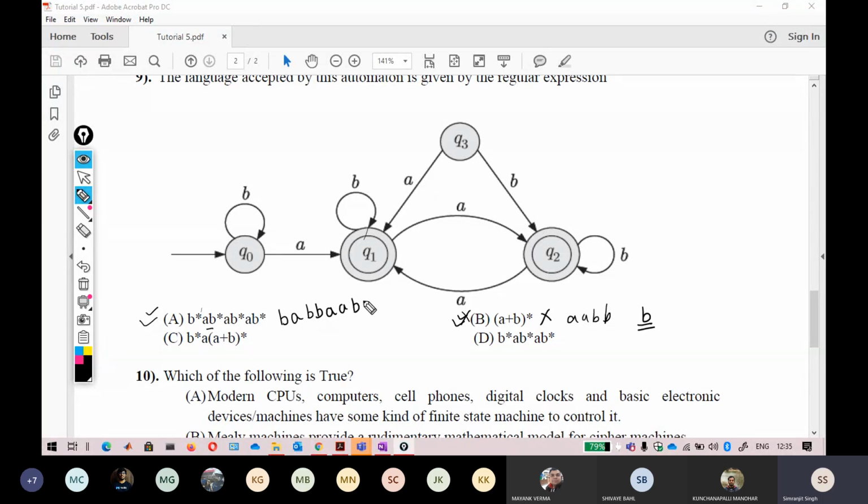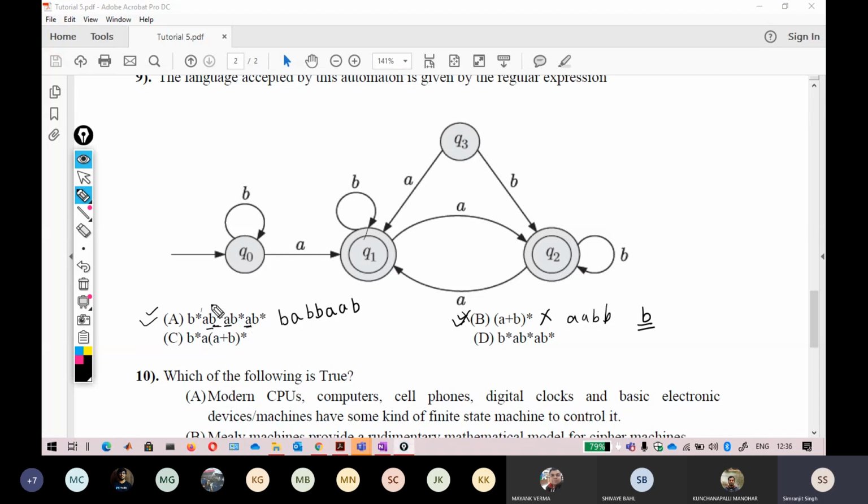After finishing this string, I have generated B from this, A from this, then again BB from this B star, and then A from this, and then I have not generated a B here.